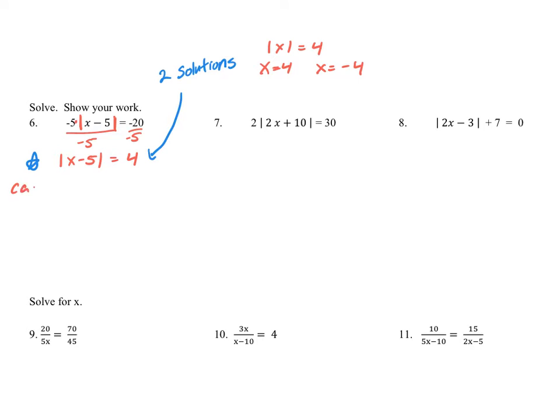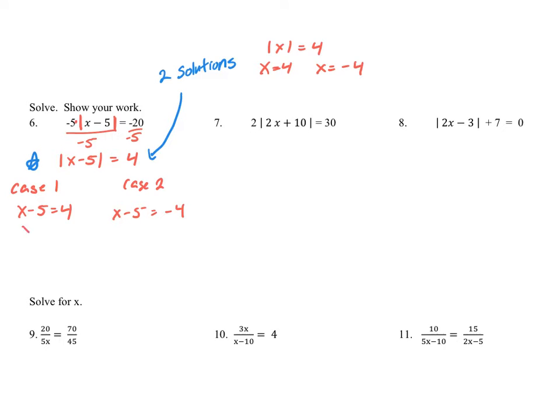Case 1: x minus 5 could equal 4. Case 2 is where it could equal the opposite, so x minus 5 could equal negative 4. And we just want to solve these two cases.